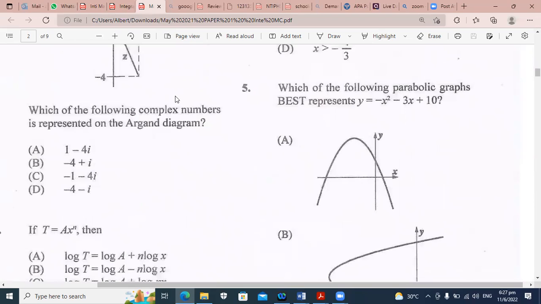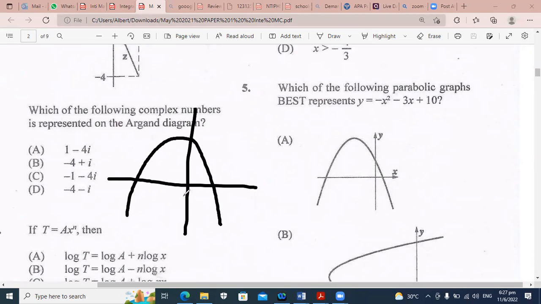But here's the trick. Let me just share something with you. If you have a quadratic curve, where the curve cuts the x-axis, they are called the solutions of the equation, or the roots of the equation. Basically, you're solving the quadratic.